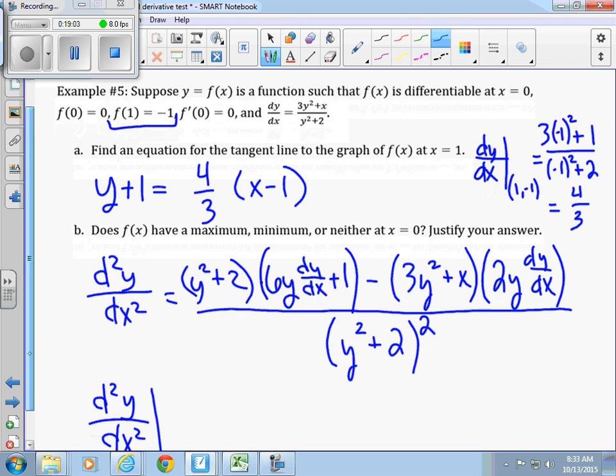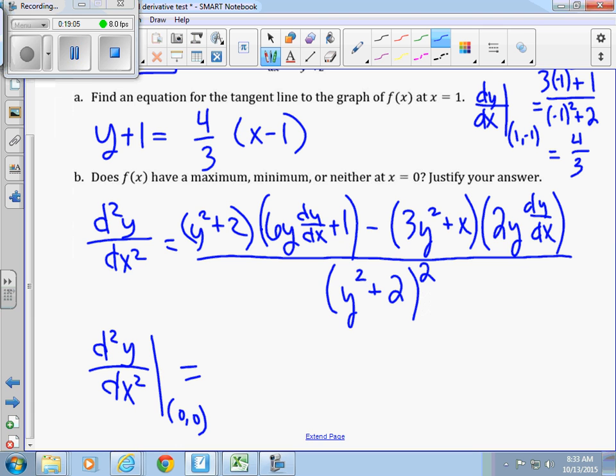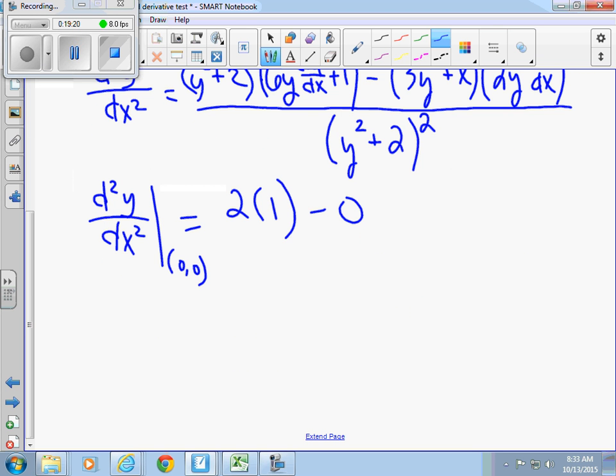So I get 0 plus 2, which is 2, times 1. Everyone agree? Minus 0 over 2 squared. So dy dx gives you 0.